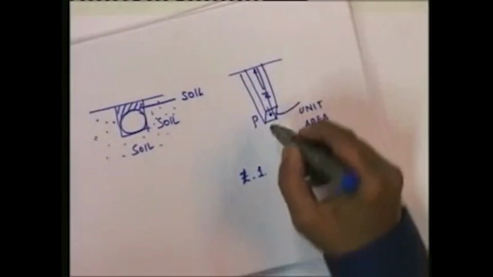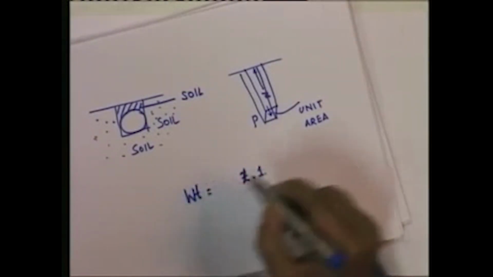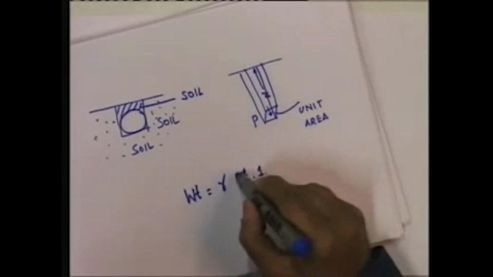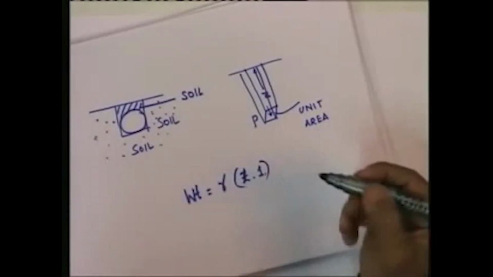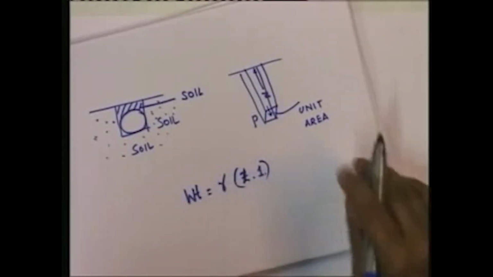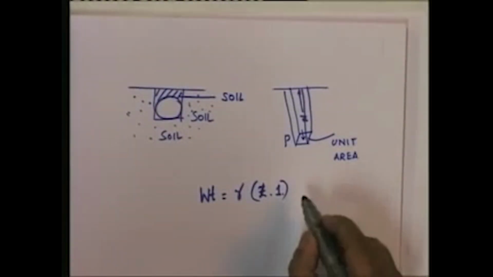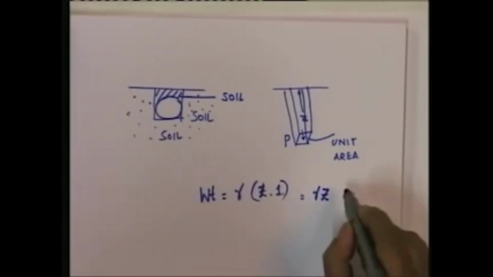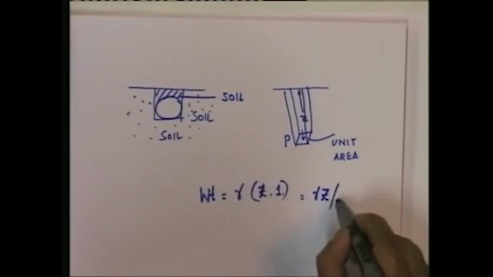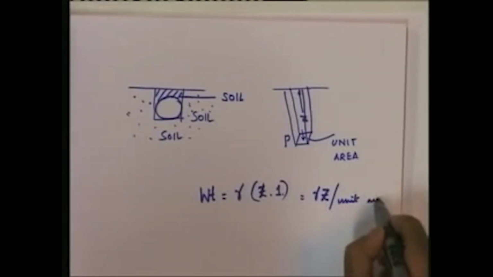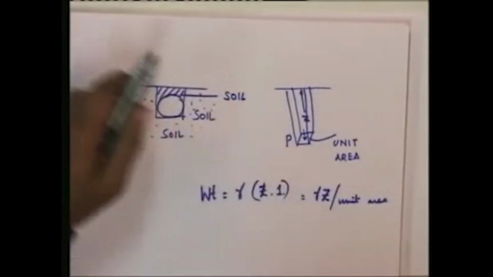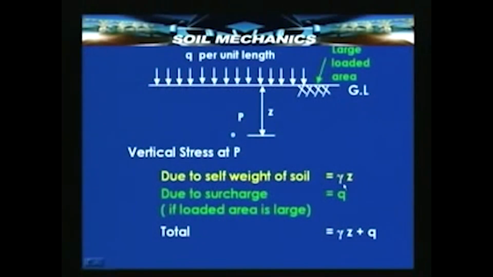So, the weight of this soil is going to be unit weight of the soil into Z into 1 per unit area. Therefore, you find that this weight is equal to gamma Z, and that is the pressure because it acts on unit area. So, we have here the self weight of the soil which is gamma Z, and that is per unit area, that is the stress at point P.